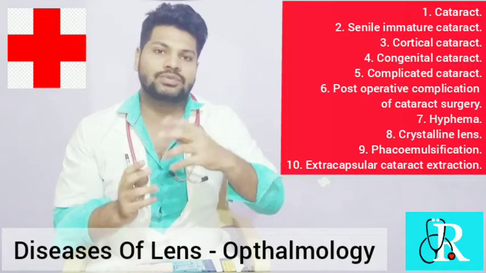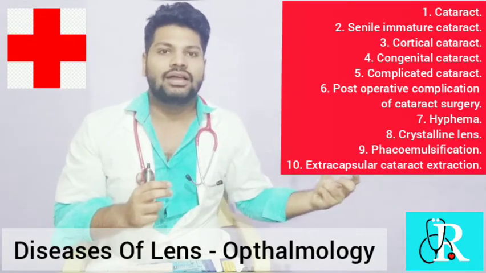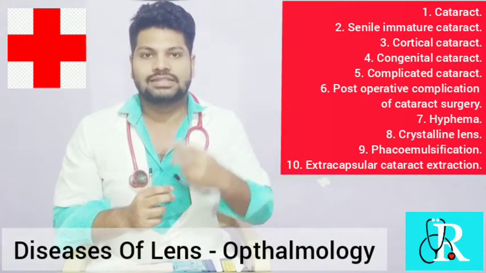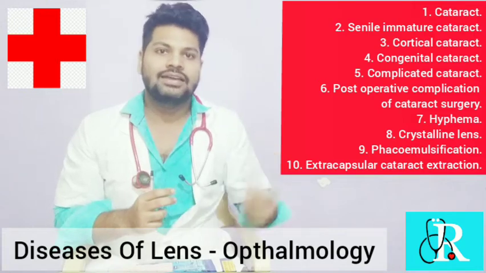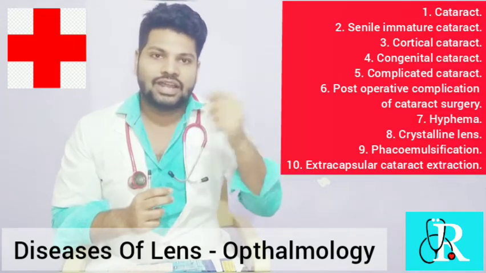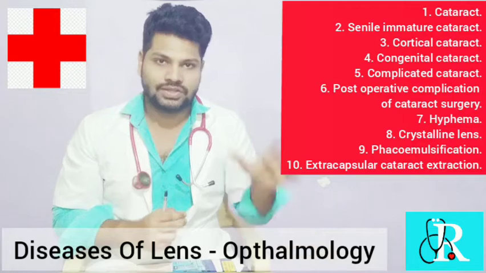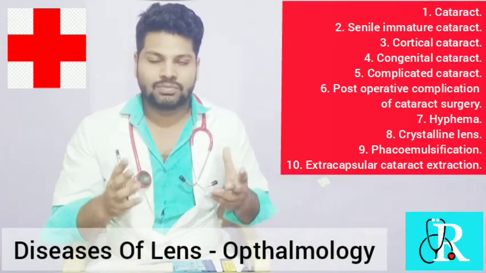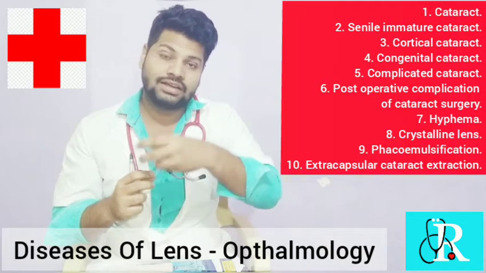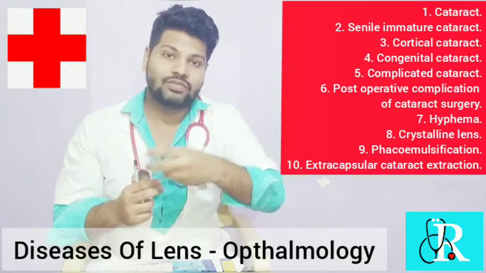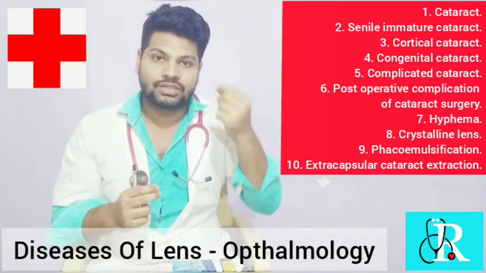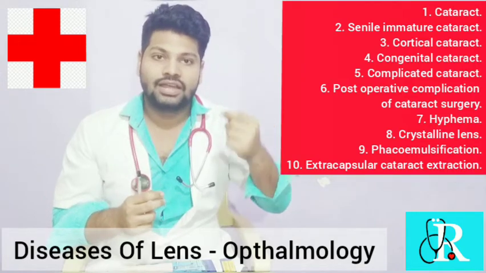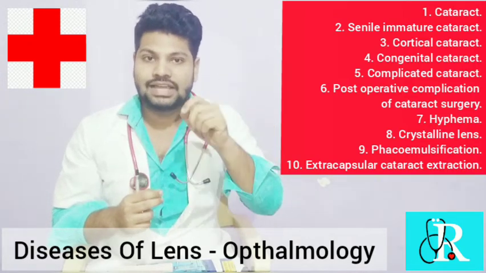If the lens is removed along with the capsule entirely, then it is called an intracapsular extraction, which is not practiced today, because of the severe chances of infection. To remove the entire cataractous lens along with the capsule, we need to make a larger incision over the cornea, and we have to incise even the iris.